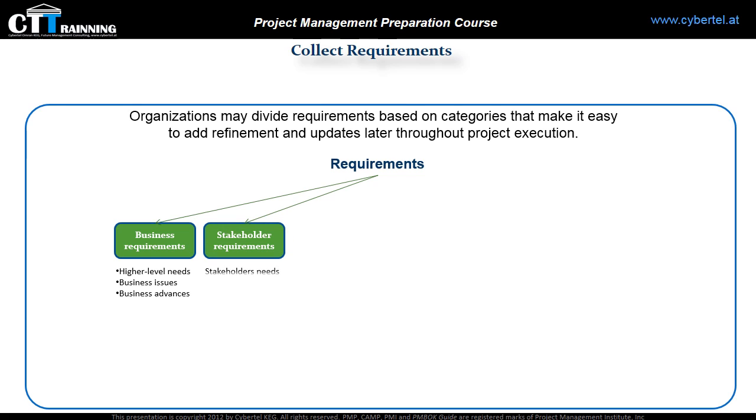Stakeholder requirements. This will describe the needs of stakeholders, individuals, or groups. Solution requirements. The features, function, and characteristics of the deliverables that will meet the business and stakeholder requirements.